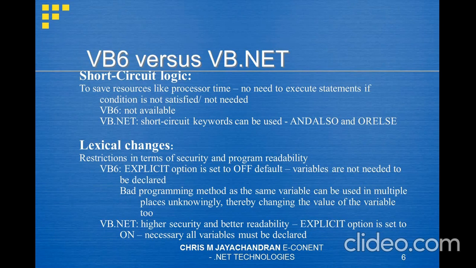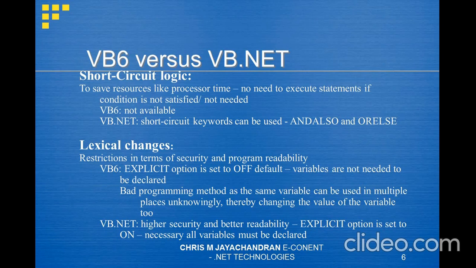Then the last important heading, the eighth one, is lexical changes and changes in data types. When we talk about lexical changes, we're talking about how restricted we are in VB.NET, which leads to security and program readability.